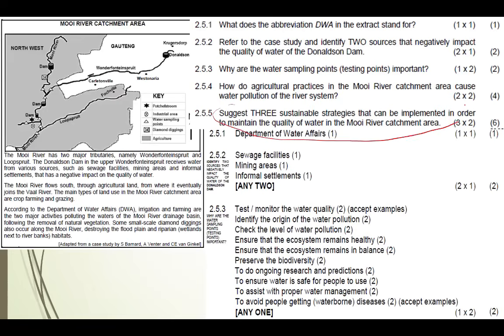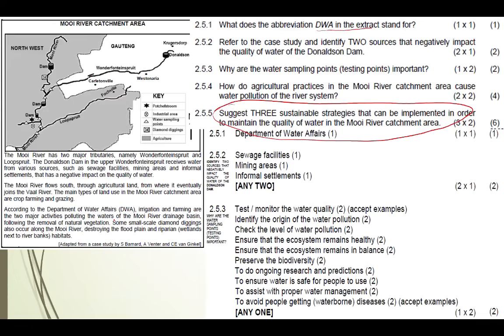Suggest 3 sustainable strategies that can be used. So most of the answers that are common with this will be the strategies. What is key here? You must know what the abbreviation DWA stands for. DWA stands for Department of Water Affairs. But usually this comes in a form of an extract. You'll have an extract that you have to read.